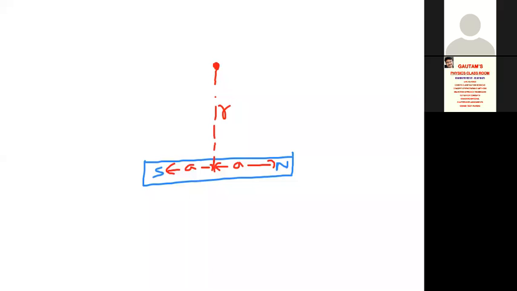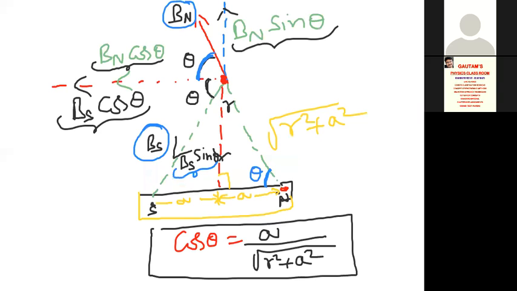You know that one. And just now what we observed here, in the left direction, in my previous diagram. What do we have here? These two terms, Bn cos theta and Bs cos theta, are towards left. I'm drawing only those things now.